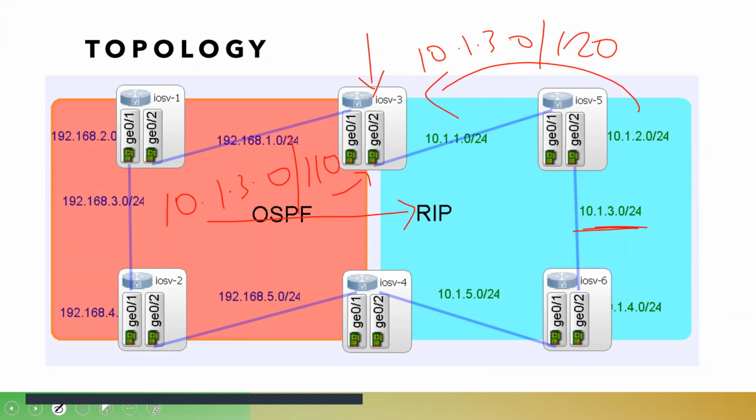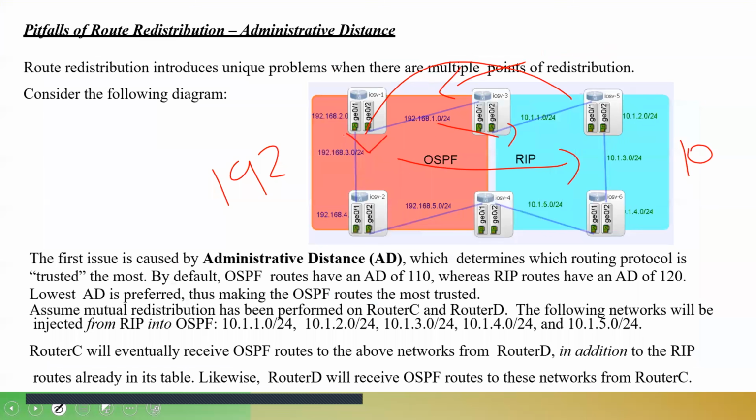Obviously, he will install the OSPF route, and that's the loop. The same route that he should get from RIP, because maybe he is the originator or near to the originator, he is learning inside the RIP domain. The same route that he is advertising, he is getting back. That's a loop you will find in this case, and that's the explanation.